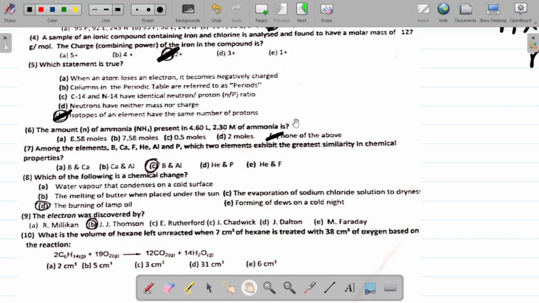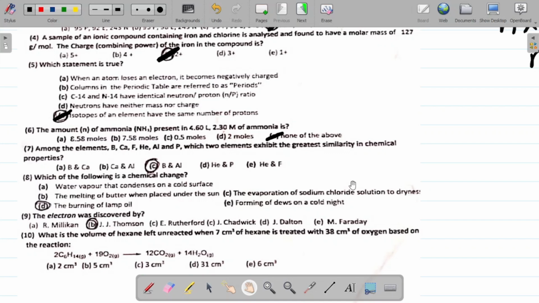Before we talk about chemical properties, here's what to note. Note that elements in the same group have the same valence electrons and therefore similar chemical properties. Elements in the same period have different properties.